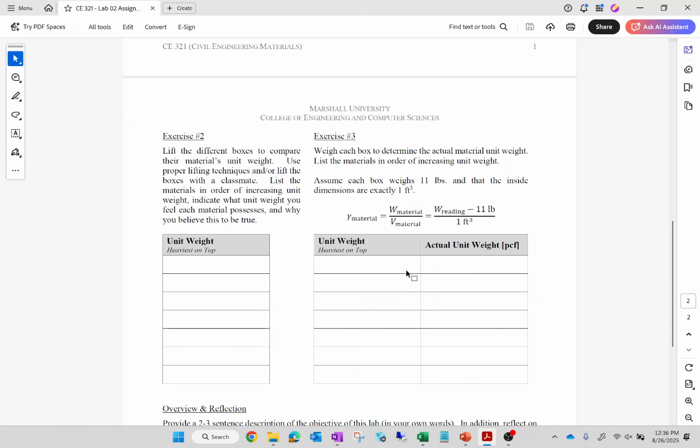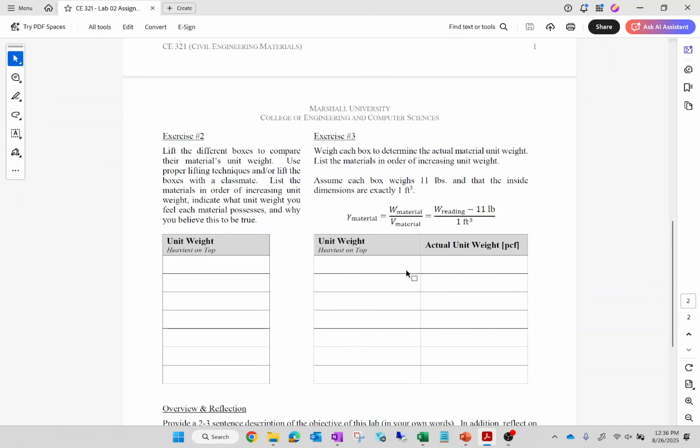So what you would do is, each box is 1 cubic foot and the box weighs 11 pounds. So if you had a reading of, let's say, 82 pounds, I just made that number up, then the actual unit weight would be 82 minus 11 divided by 1 cubic foot, or just 82 minus 11.